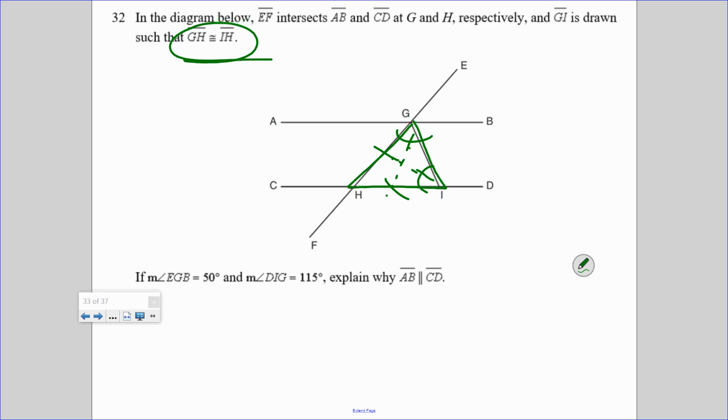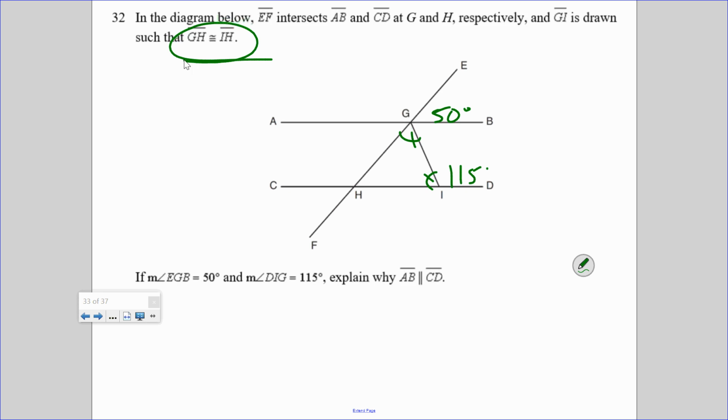I have to use other properties. This got a little sloppy, so I'm going to erase it and just mark this and this. It says EGB is 50. DIG is 115. I cannot use the properties of the parallel lines. I have to prove that they're parallel.